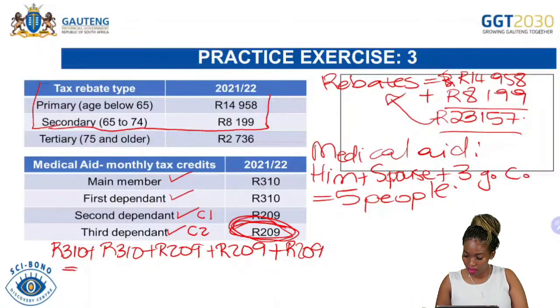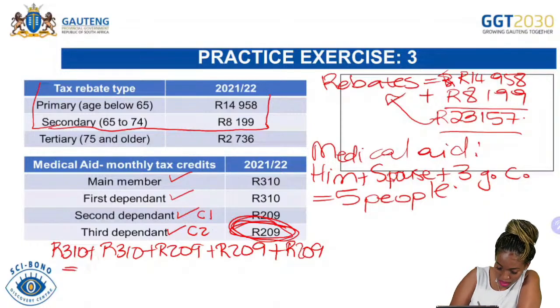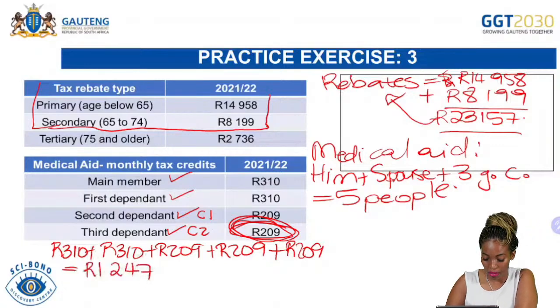Let's add all the values. We will say 310 plus 310 plus 209 plus 209 plus 209. And then the answer that we are getting is 1,247.